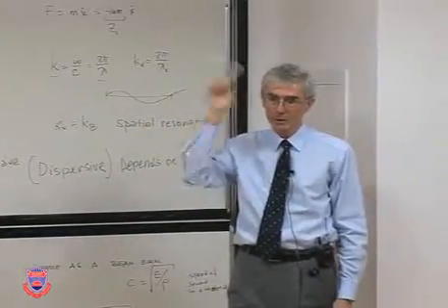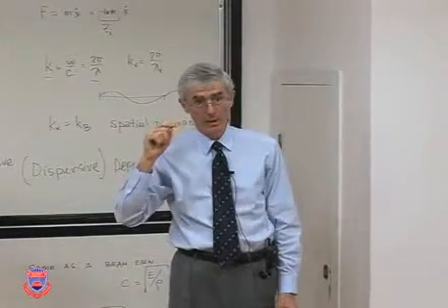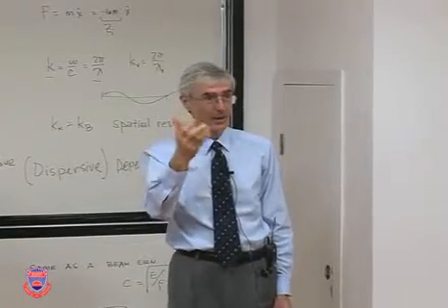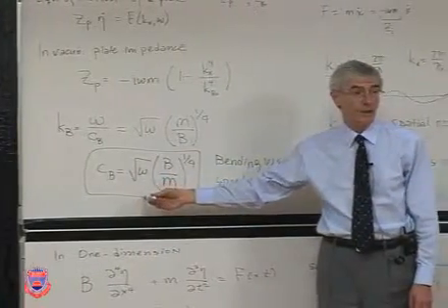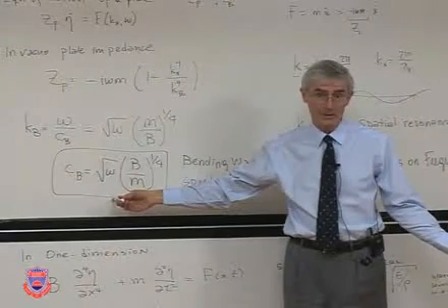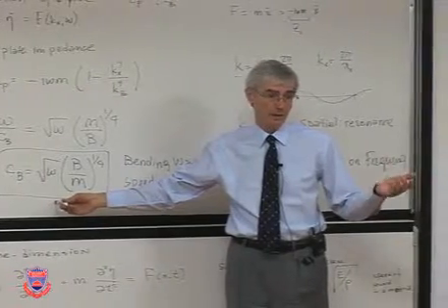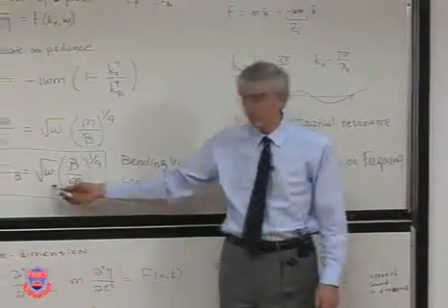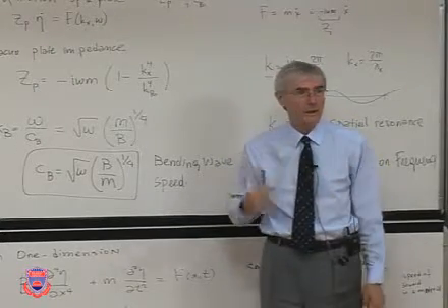If you give it a pulse, bending waves will go and come back, and you'll hear distinctly different sounds coming back at different times. Why is that? Because the high frequencies travel faster. Makes sense, right? 10,000 hertz will travel 100 times as fast as maybe 1 hertz. And so the low frequencies come back later.